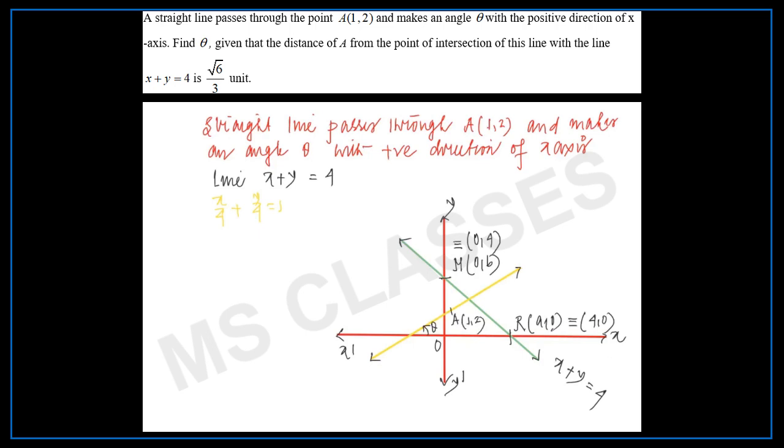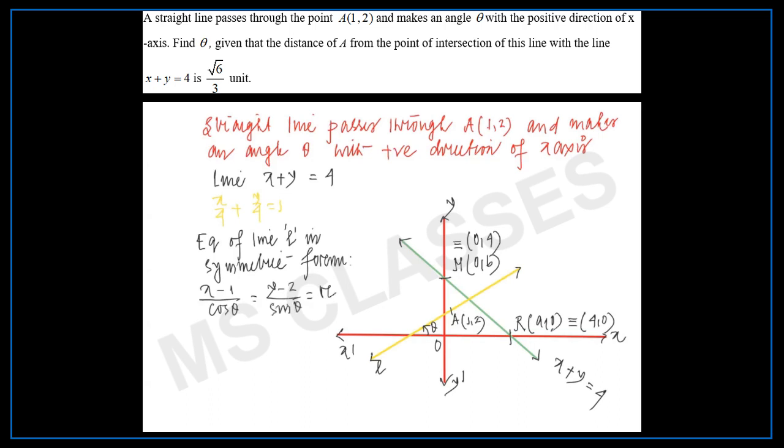Now we can represent this line in the symmetric form. The equation of line L in symmetric form: (x minus x1) by cos theta equals (y minus y1) by sin theta equals r.